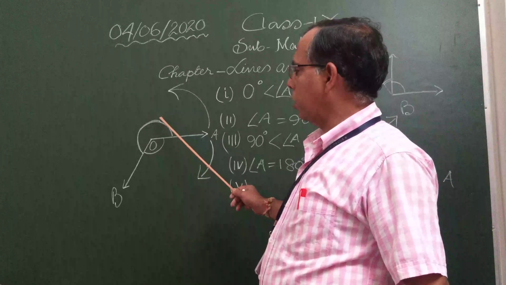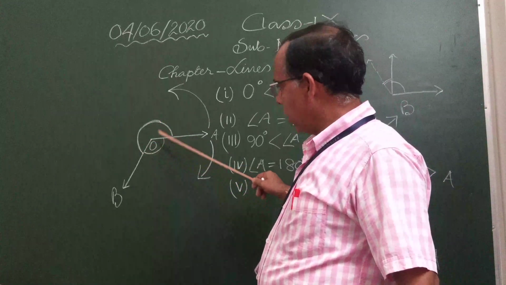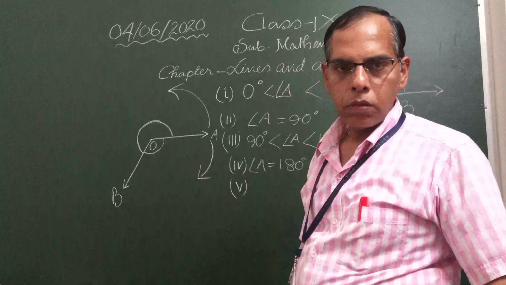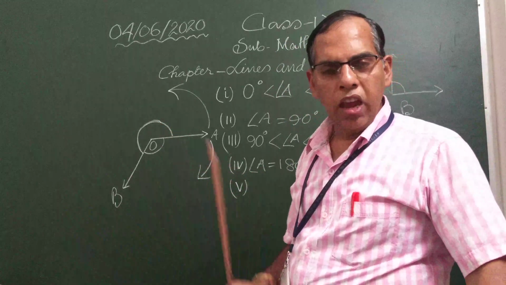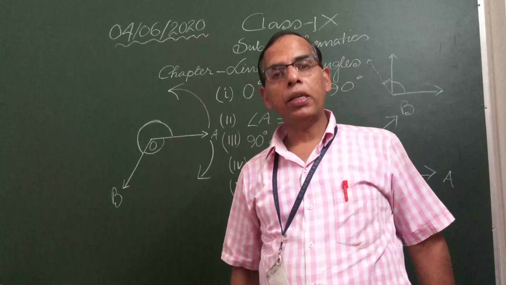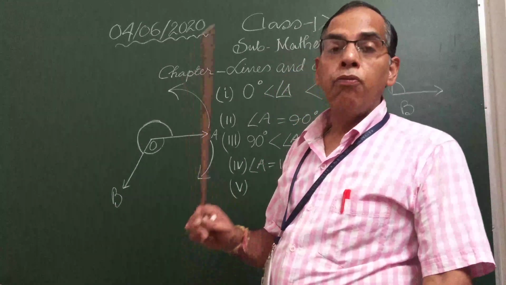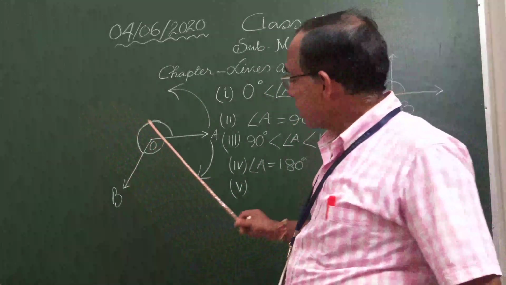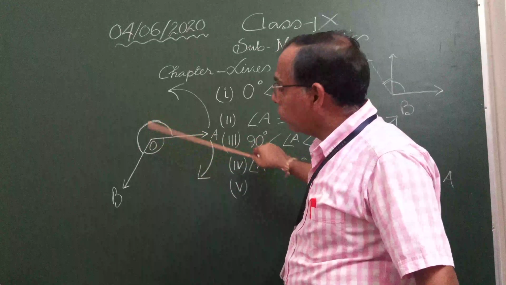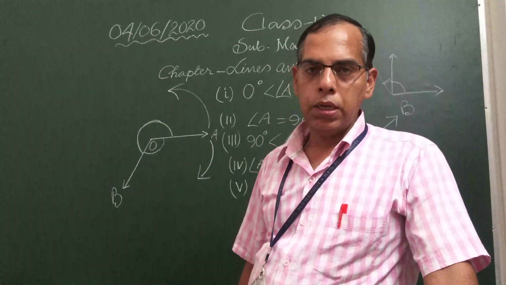So see, my dear student, the sum of this angle and this angle is equal to 360 degree. So if an angle is given, then you can find this reflex angle. How? Subtract the given angle from 360 degree, because the sum of these two angles should be 360 degree.